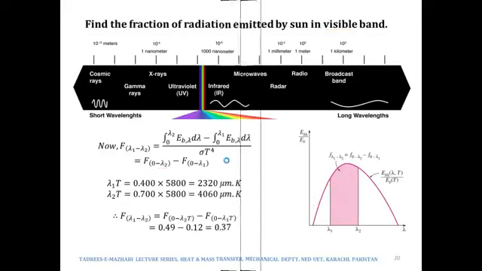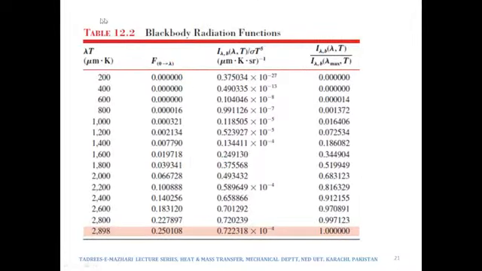Now in order to find that out, we have this table, which is 12.2 of our book, black body radiation functions, in which we are given the value of f starting from 0. Since in order to use this table the fraction must start from 0, that is why we converted everything into fractions that have a starting point of 0.